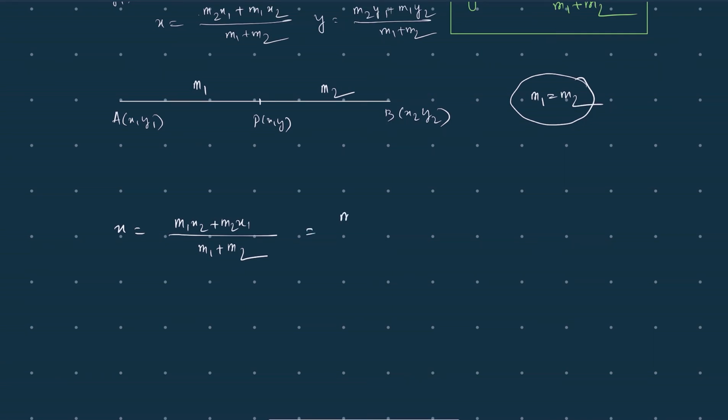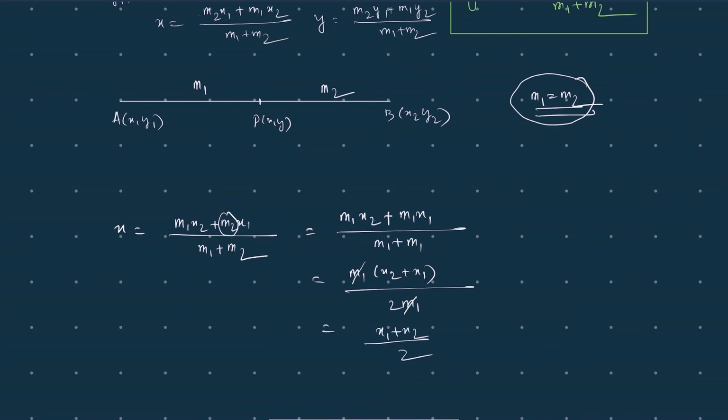So this will be equal to m1 x2, because m2 is equal to m1, I am going to replace this m2 by m1, by m1 plus m1, because m1 and m2 are equal. So m1 is common, x2 plus x1 by 2m1. So m1 is going to cancel out each other. So this will be equal to x1 plus x2 by 2.